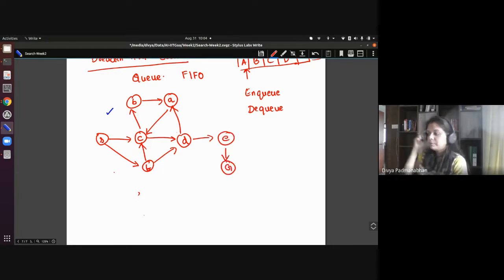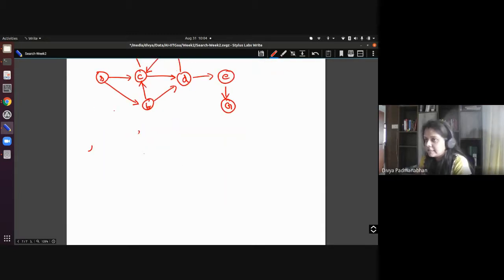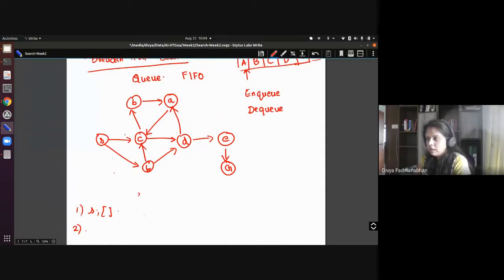Let's do some runs of BFS here. Initially you start with S, and the list is empty. This is the first step. Now you remove this from the queue, and you also need some actions, so I'll call them A1, A2, A3, A4, A5, A6, A7, A8, A9, and A10.